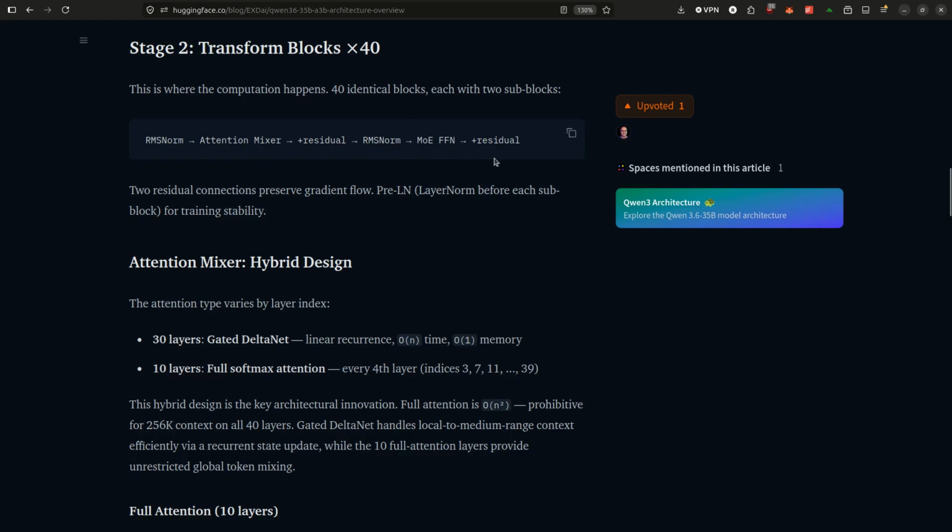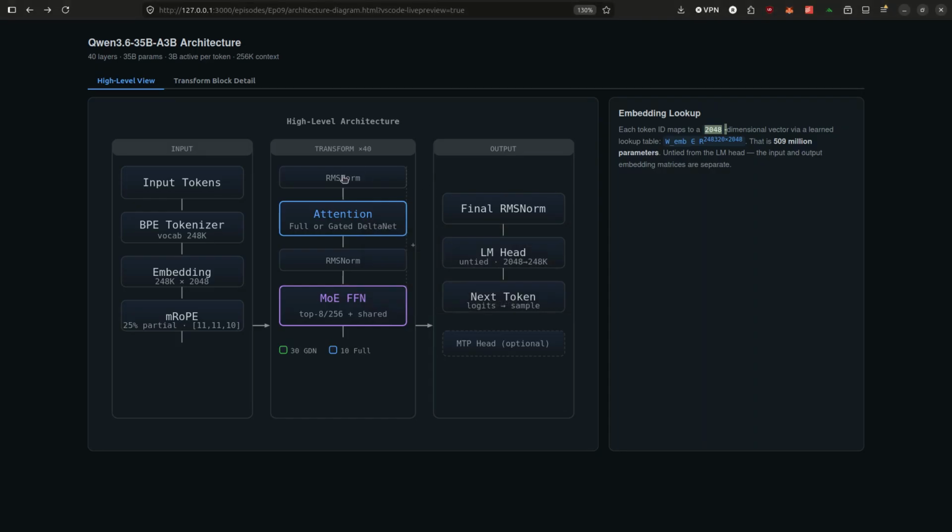So that's a very high-level picture, and you can see that here as well. There's RMS norm, attention, RMS norm, MOE, and this dotted line, which is not rendered so wonderfully, is actually showing the residual connections.